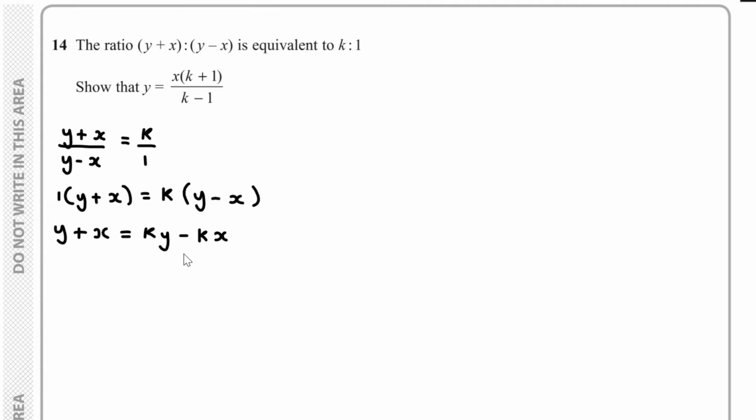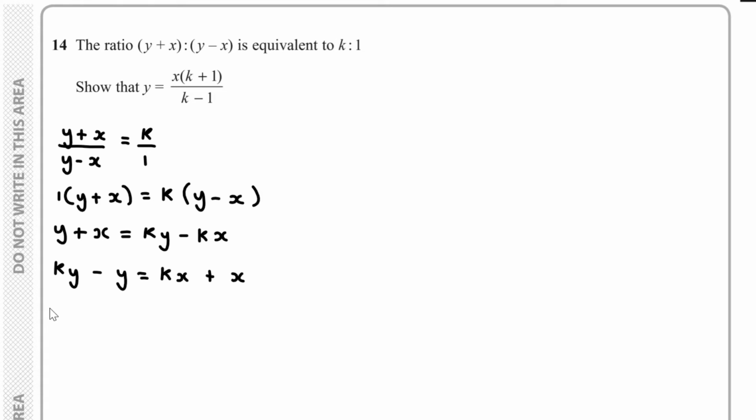And if we take everything involving a y to one side, and everything that doesn't involve a y to the other side, we've got ky minus y equals kx plus x.